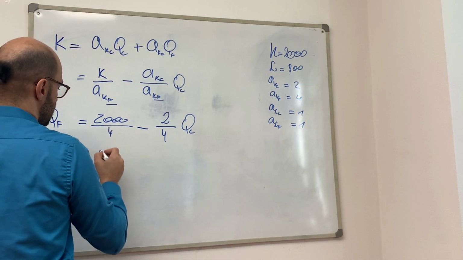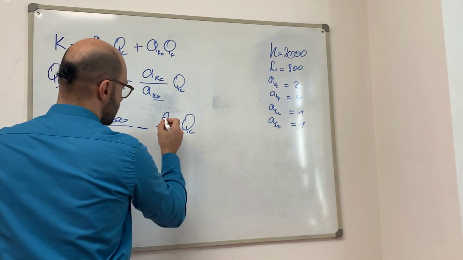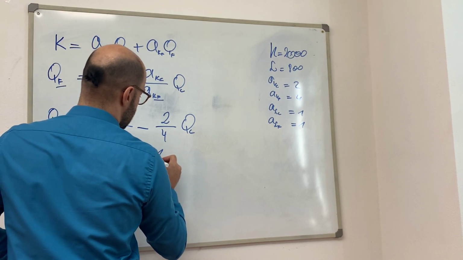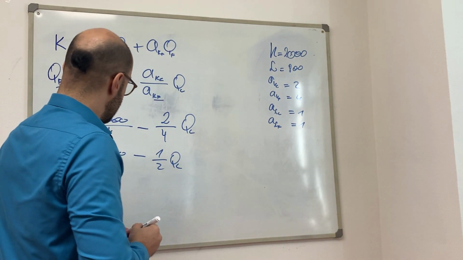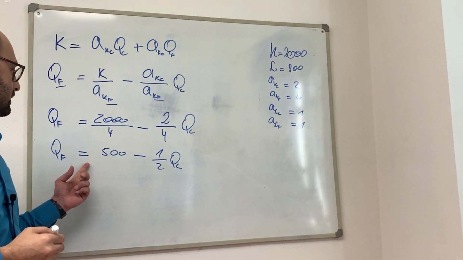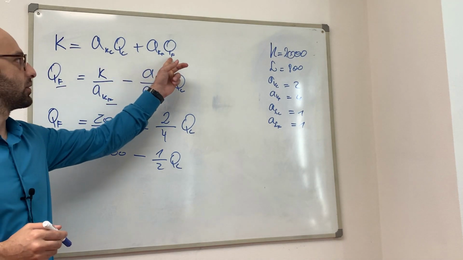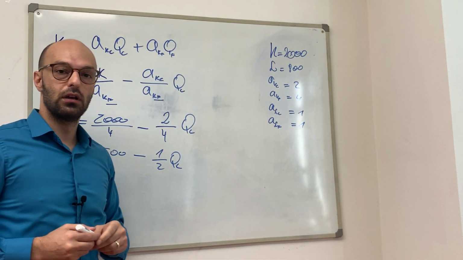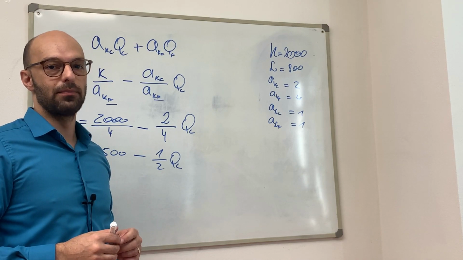This then is 500: 2,000 divided by 4, minus 2/4, which is actually a half, QC. This is it. This is already our constraint with regard to capital in terms of the quantity of food. And now let's do the constraint with regard to labor.